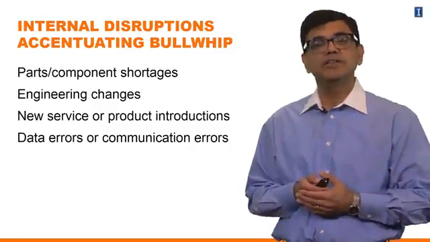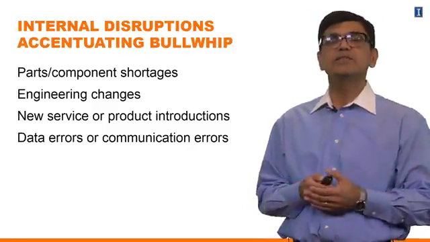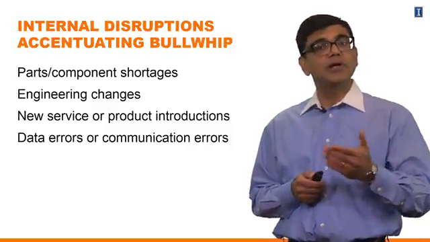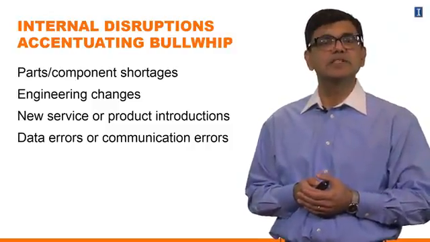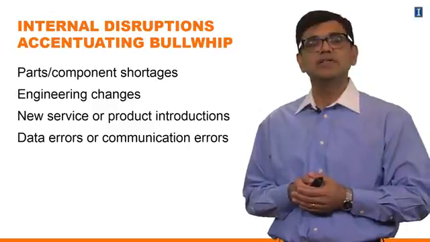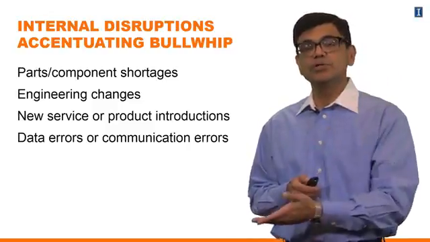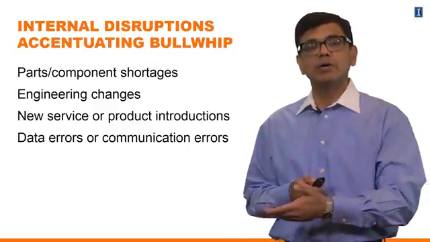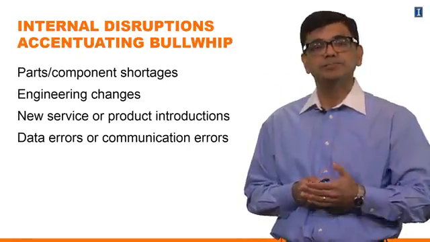When you have new product introductions, you have less information about how the market's going to react to these new products and services, so that can increase the variation in terms of having too much or too little, having overstock or running out of product.